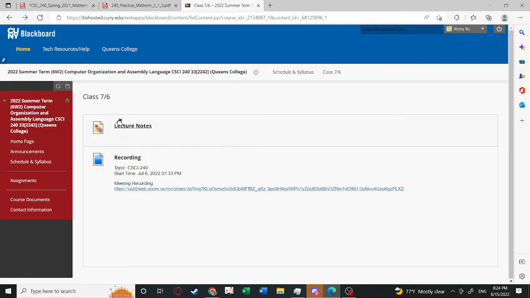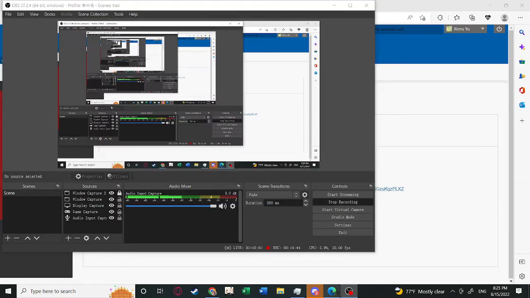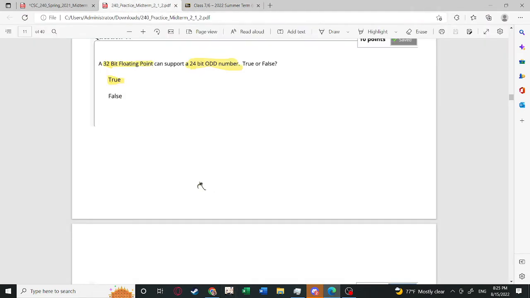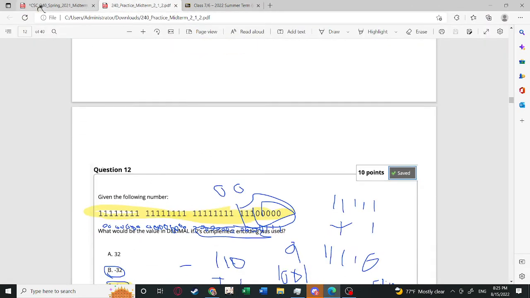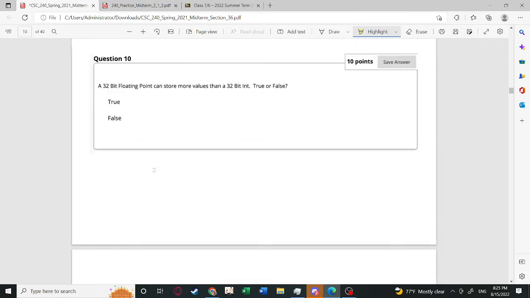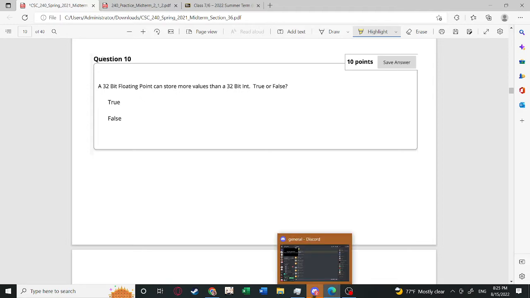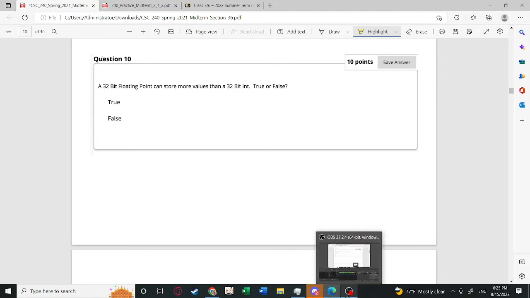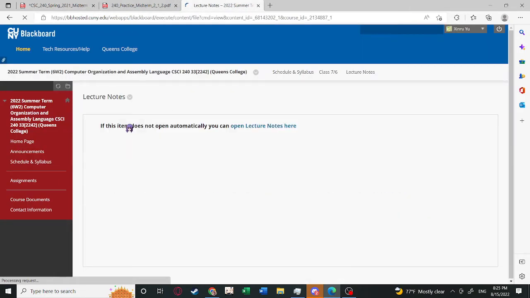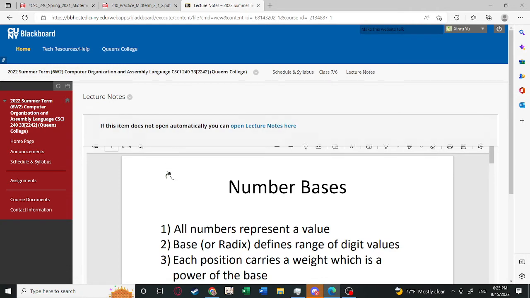Can you show the question again? Yeah. Question number 10. A bit floating point can store more values than a 32-bit integer. True or false? I think the first lesson he talks about this, but I can Google it too.